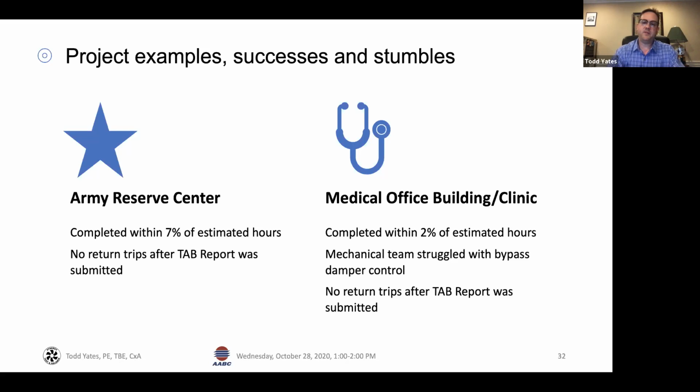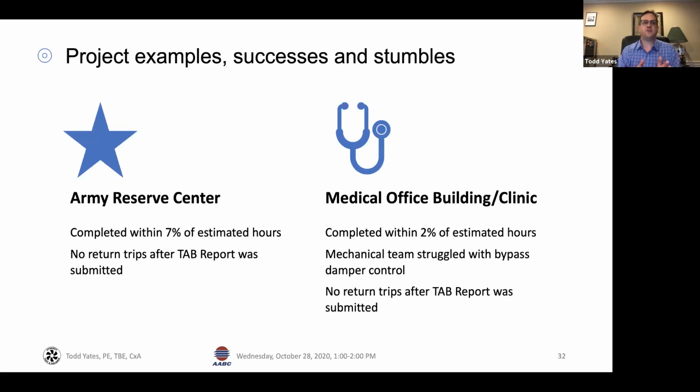The mechanical team, even with our effort, struggled with the control of those bypass dampers. But eventually they got it worked out. It would have been much more difficult had we not had a commissioning provider there coordinating with us, integrating those damper failures that we noted in their FPTs.